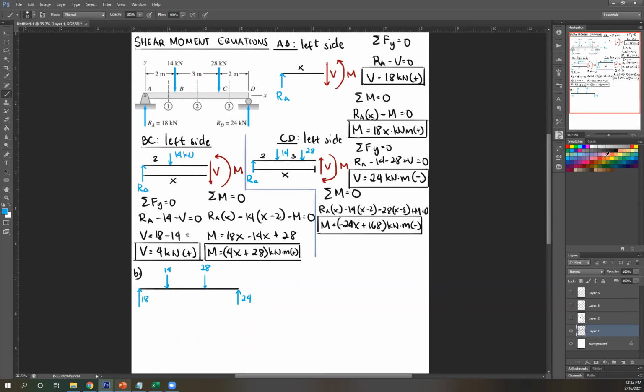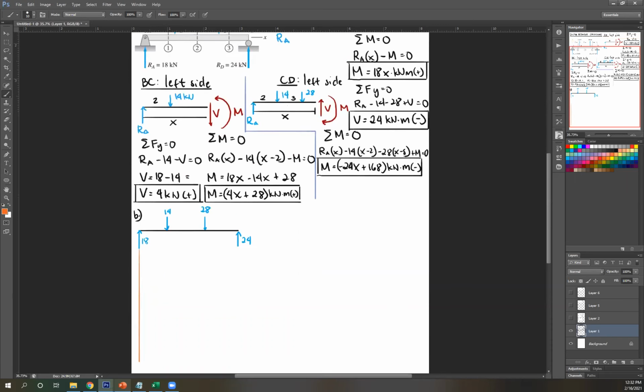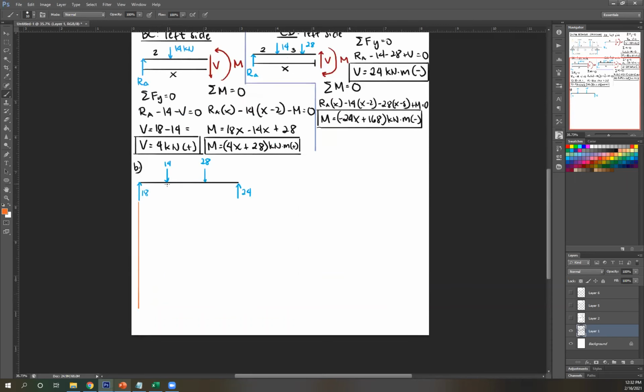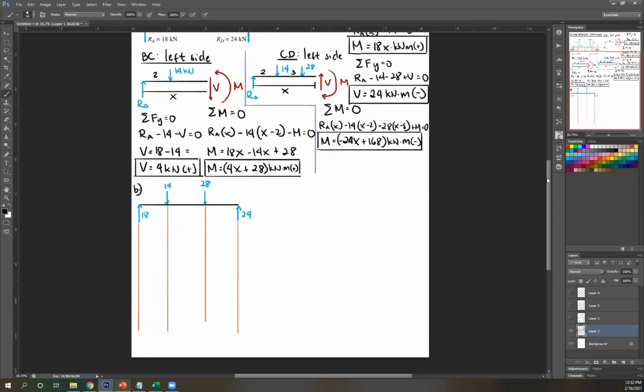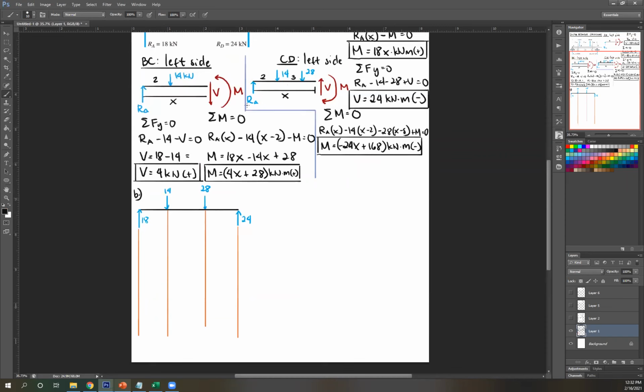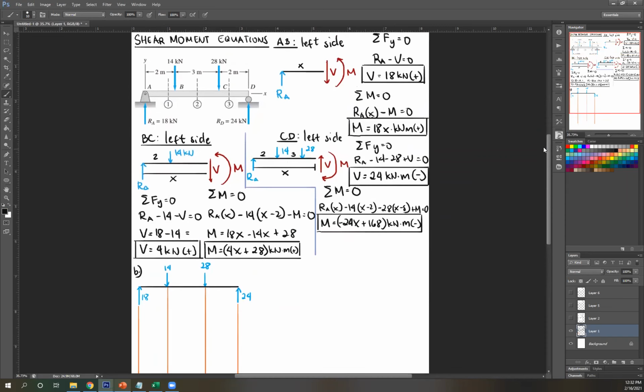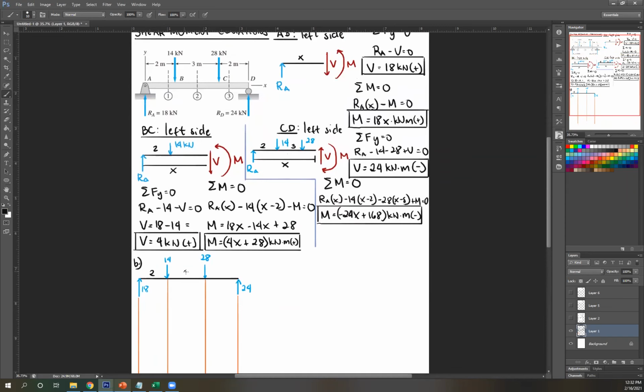You get shear and moment diagram. This is what you will do. Draw your segments, which is basically just where your forces are applied and your reactions. Then distance 2, 3, 2. So let's start with shear diagram.